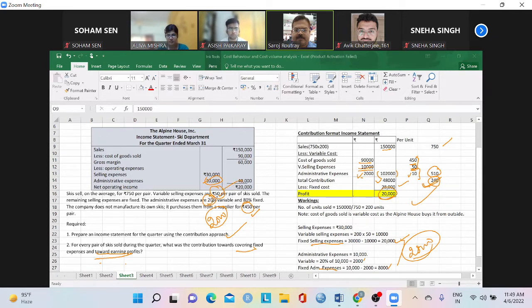Similarly, 20% variable administrative expenses is 2,000. That 2,000 is for 200 units, so per unit it is 10. So we took 10 here. If you want to find out contribution, you have to deduct all variable expenses, whether it is manufacturing or non-manufacturing, doesn't matter. If it is variable, it is to be deducted.